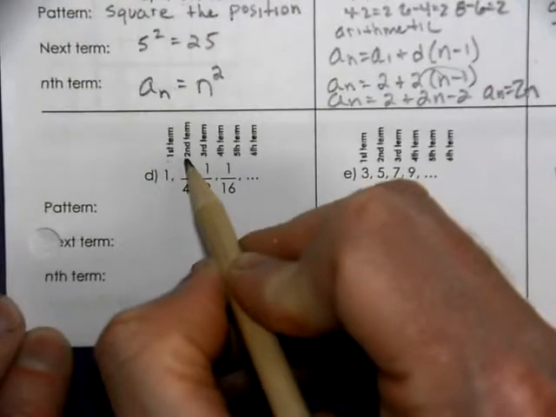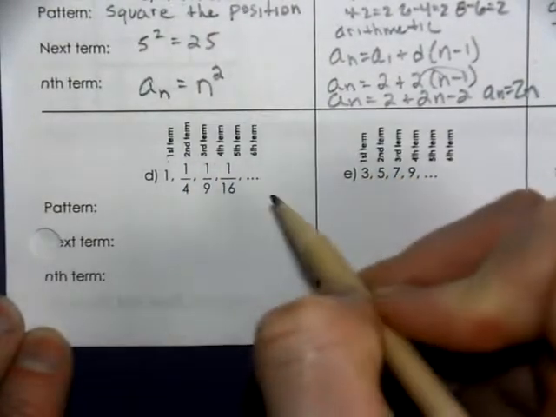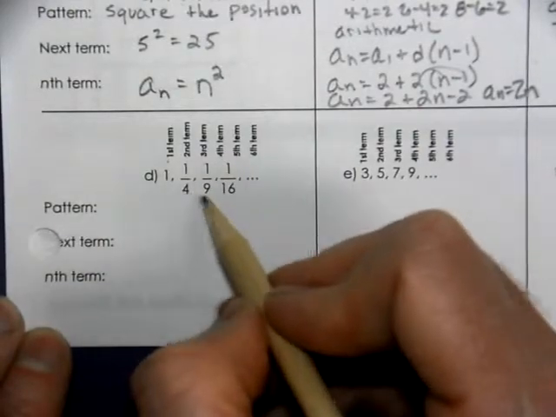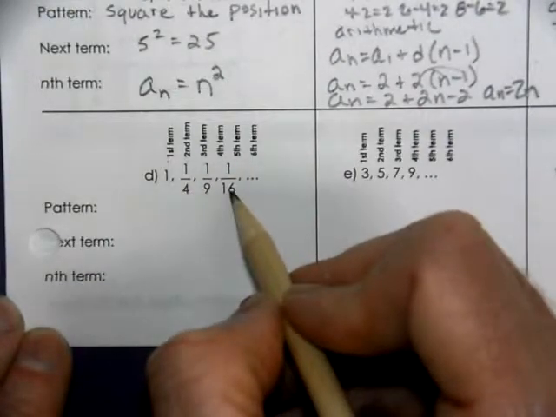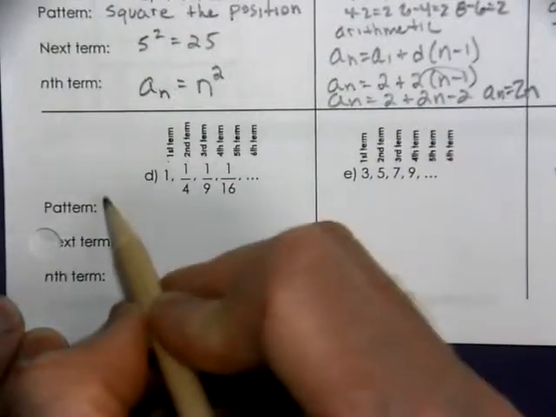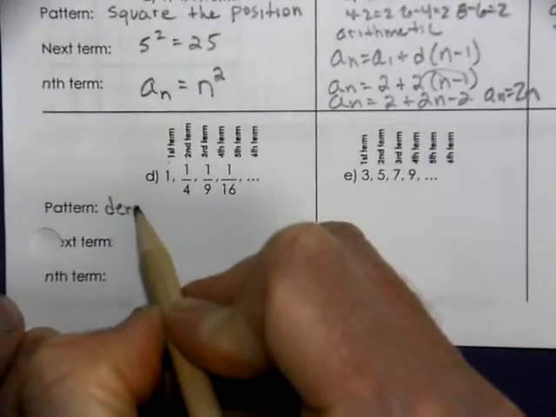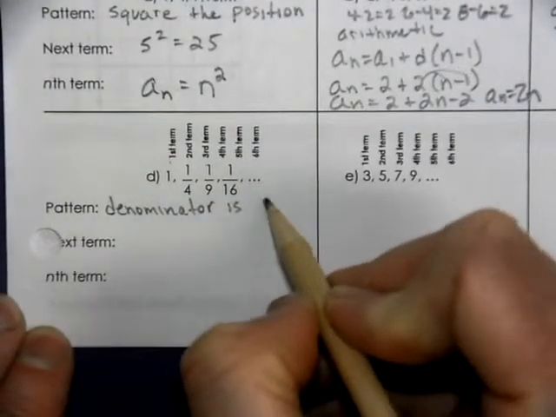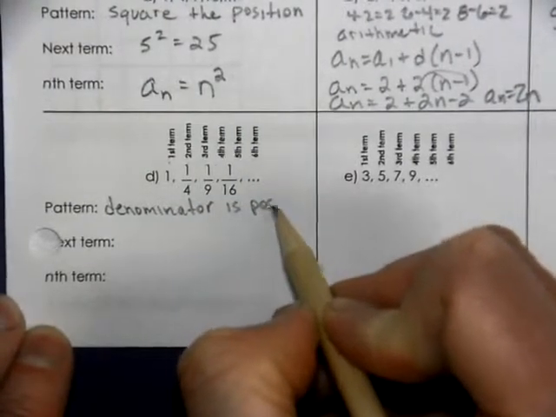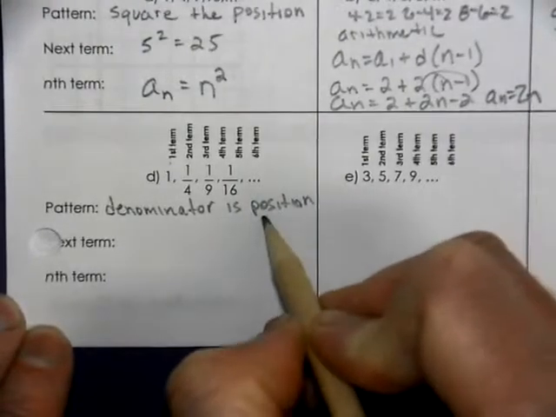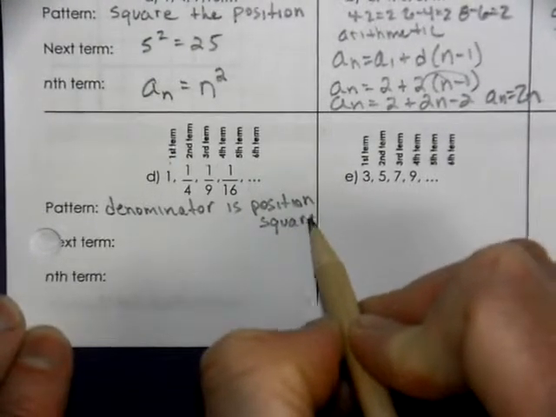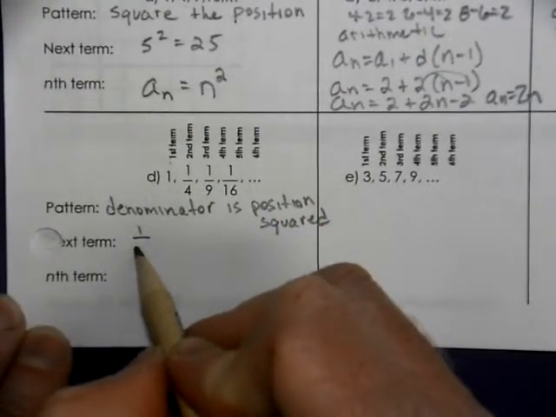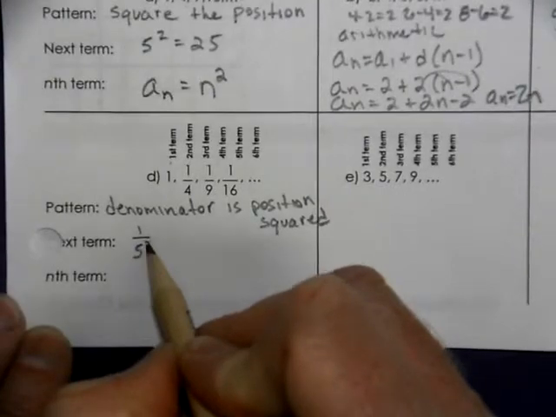Looking here, we have our first term, second term, third, fourth, and fifth. Fifth, I guess, would be out here. The pattern, what's happening? The denominator is the position squared. So our next term is going to be 1 over the fifth term squared.